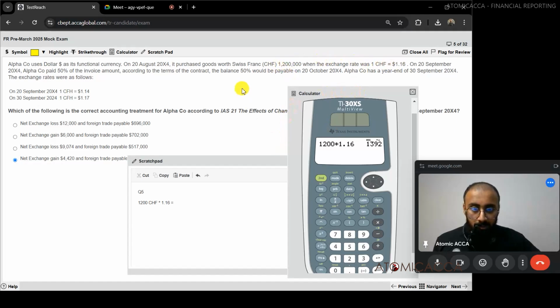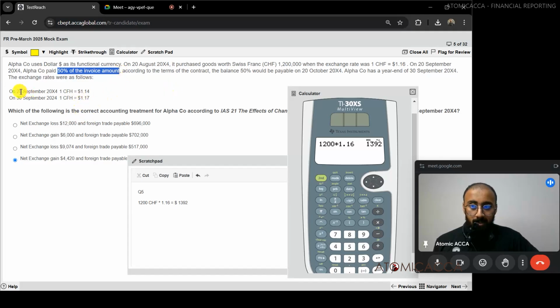CHF and dollars, right? Swiss franc and dollar. Okay. So that is 1392 dollar.